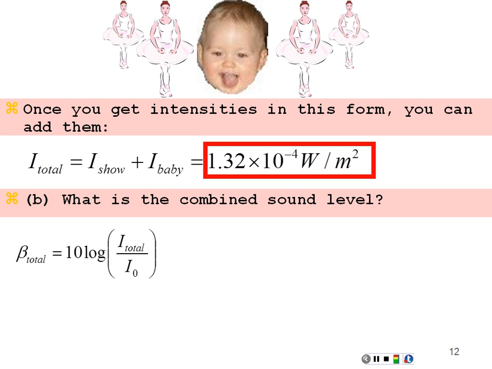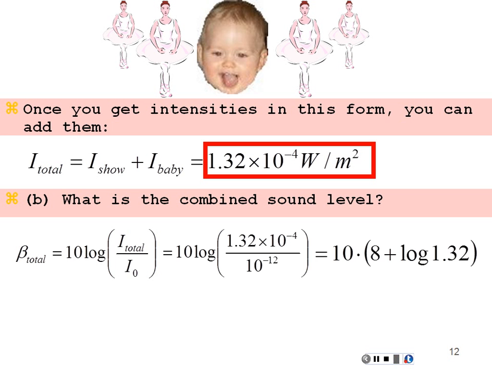So my intensity level is 10 log total intensity divided by reference intensity I naught. 10 log 1.32 times 10 to the minus 4 divided by 10 to the minus 12. And if I do that on the calculator, that'll be 10 times 8 plus the log of 1.32, or 81.2 decibels. So if I had 80 decibels of sound from the show, 75 decibels of sound from the baby, I add them together, and the combined effect is 81.2 decibels.